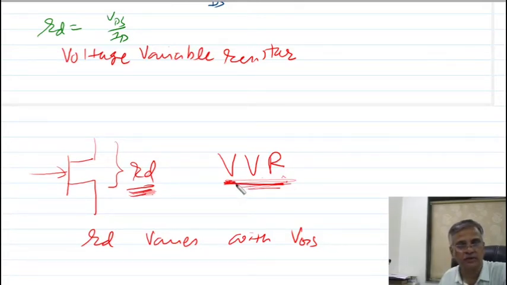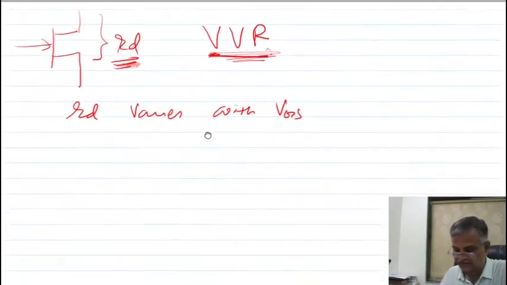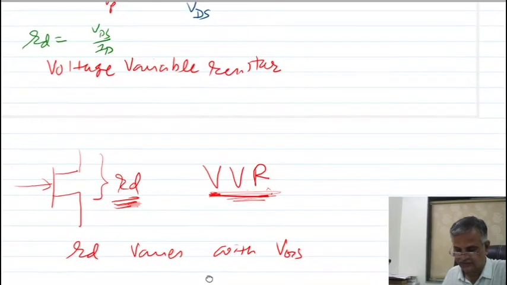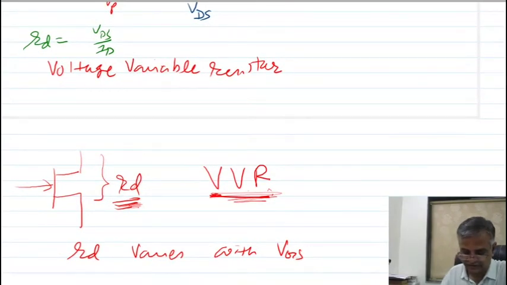So this property is known as a voltage variable resistor. The first application I am discussing is a voltage control attenuator.